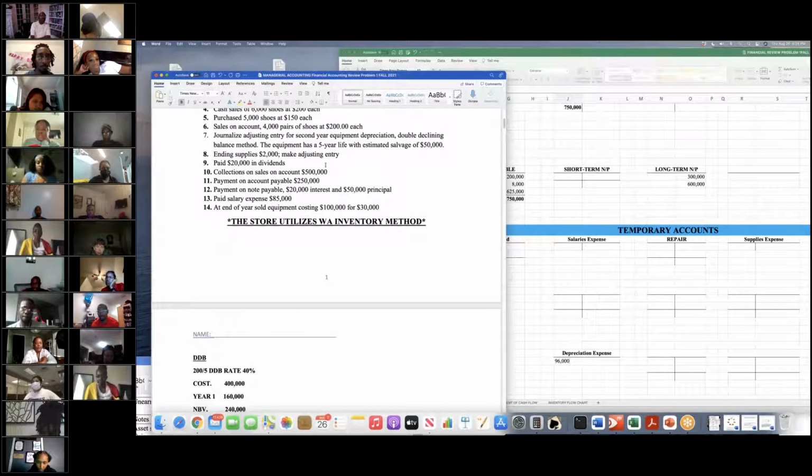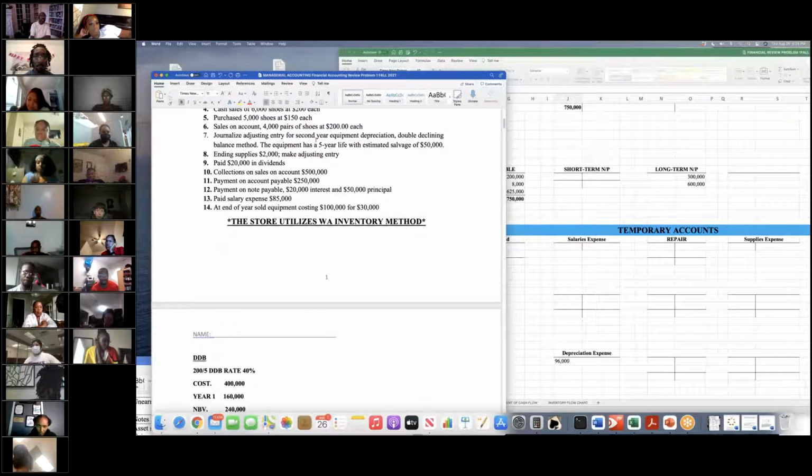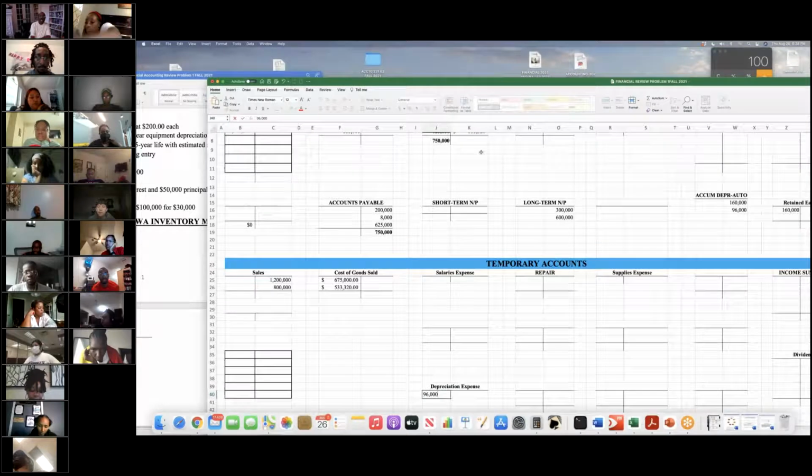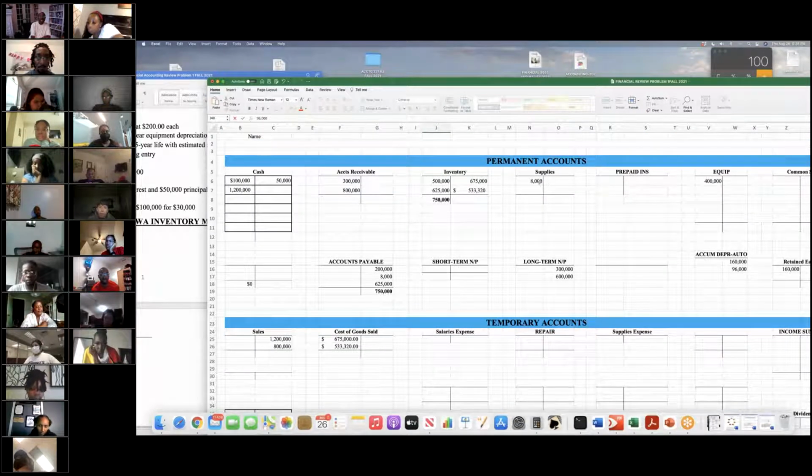Ending supplies, $2,000. Make the adjusting entry. I go up to supplies, I've got 8,000. It tells me I should have 2. So what's my adjusting entry amount going to be?